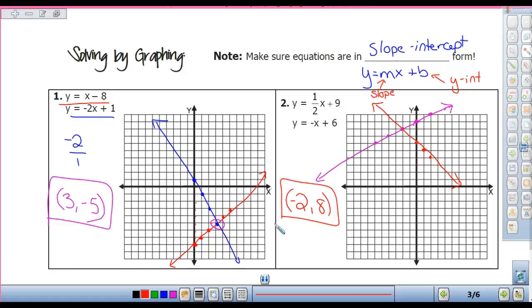Okay, so if you extend your line, they do intersect, right? Because some of us, if we just connect our dots and leave them there, you're going to be like, oh, those don't intersect. But we have to extend our lines until they do intersect. Right? All right.